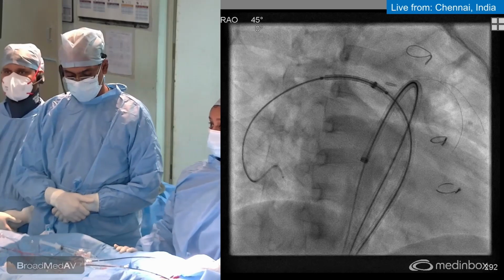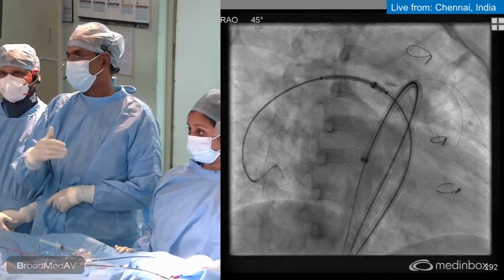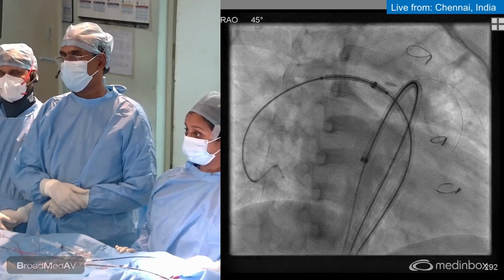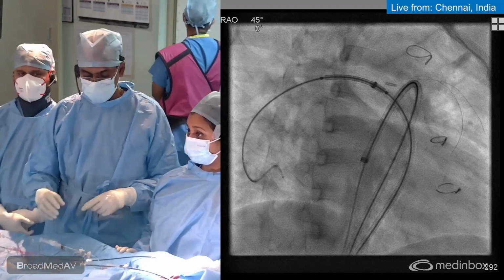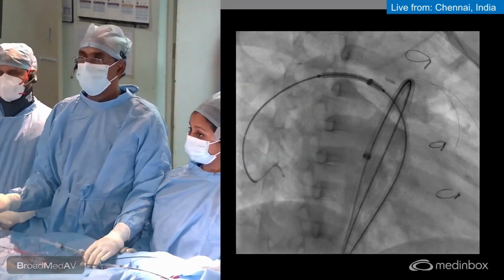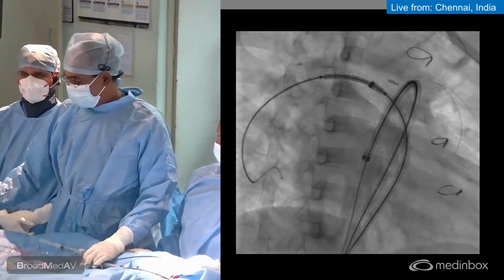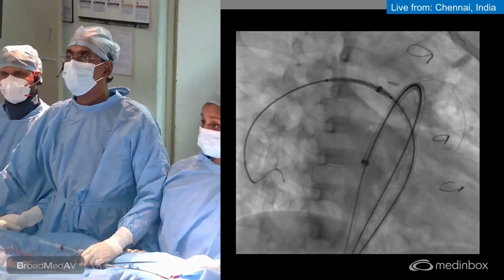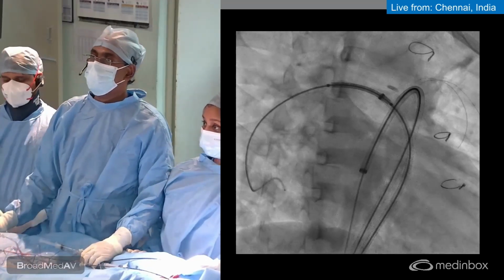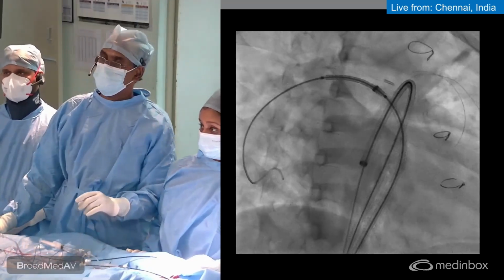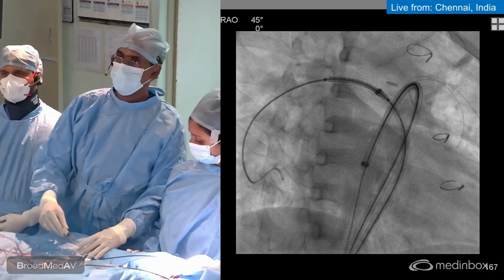I'm still recording low pressures, which indicate that my sheath has still not come out of the tight region of narrowing. So I will come back a little bit. I'm still having low pressures.